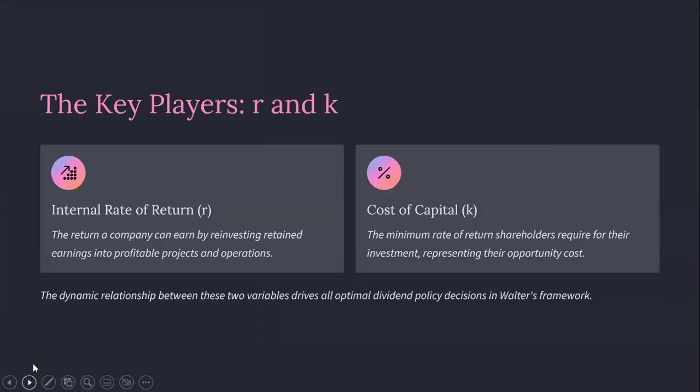Now, the core concept: he talks about strong value, that I want dividend to be paid. If dividend is to be paid, it is always related with the cost of capital. So he has compared two factors, rate of return and cost of capital.